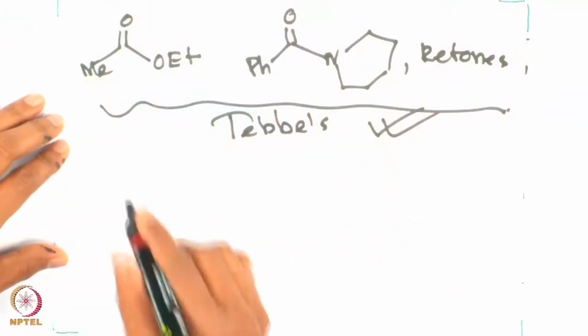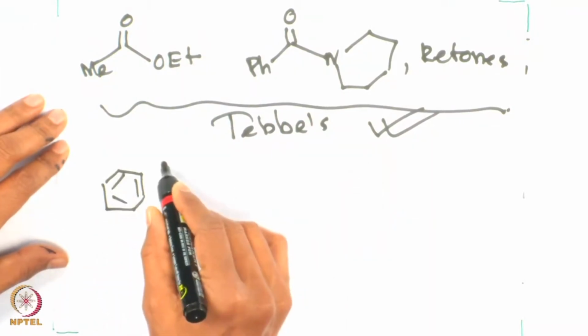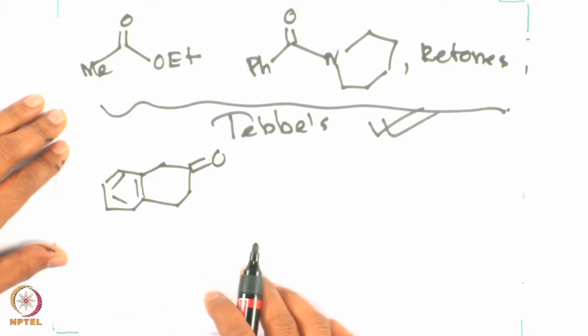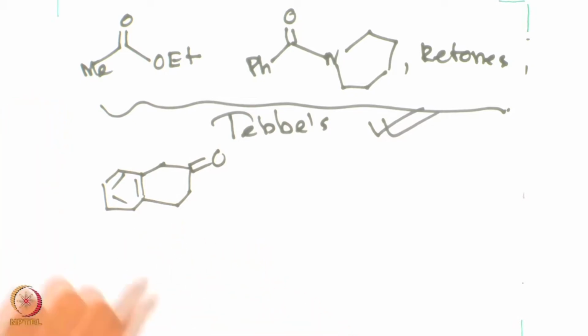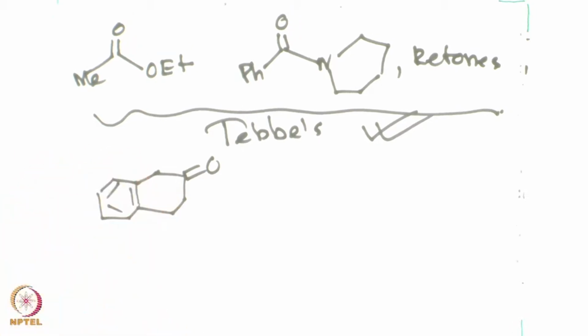The one example that we will discuss specifically is the one where you have an enolizable proton, for example, this ketone. Now, if you react this ketone with a Wittig reagent, you get very little product, because there is an enolizable proton which is not compatible with the Wittig reagent.